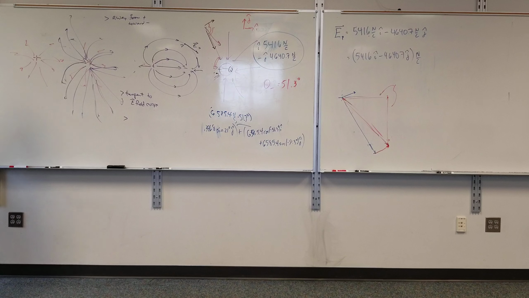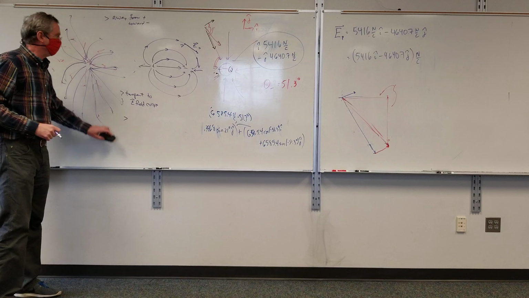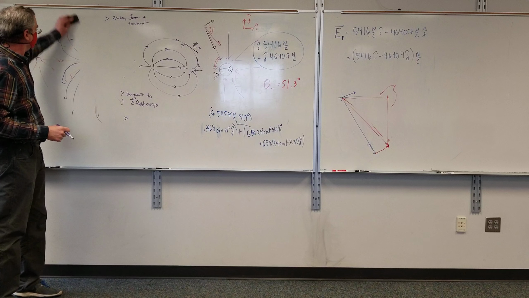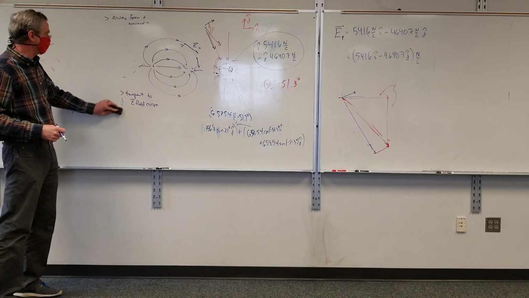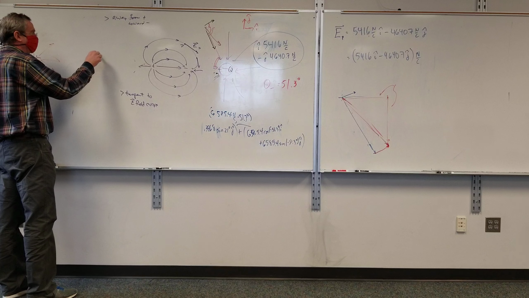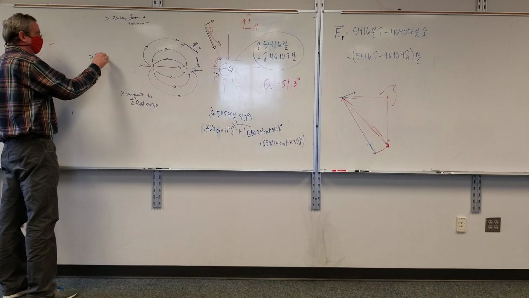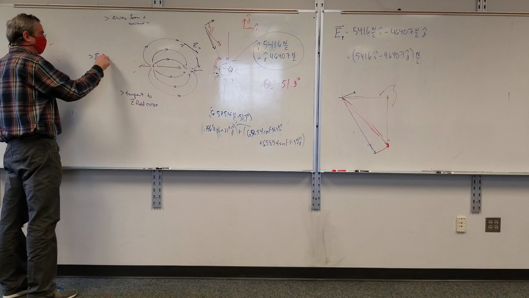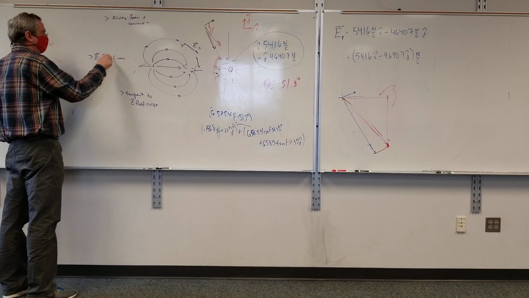When you draw the field lines, despite the way I drew it right here, and I'm just sort of embarrassed by that, good thing no one's recording this. The electric field lines do not cross.